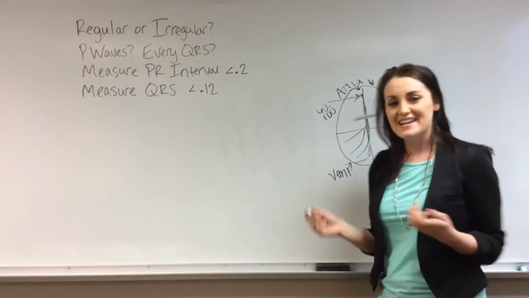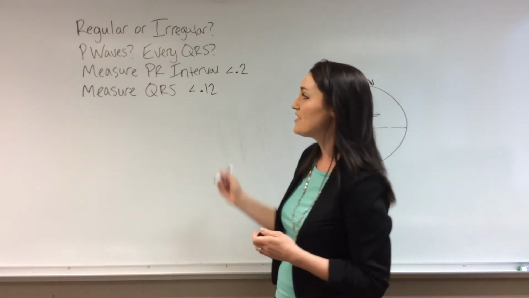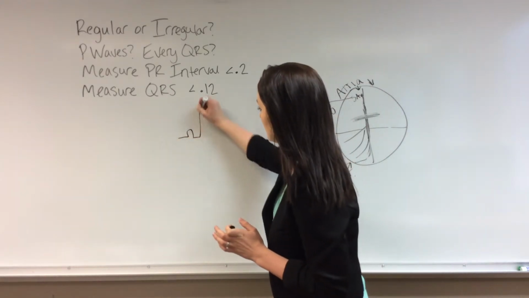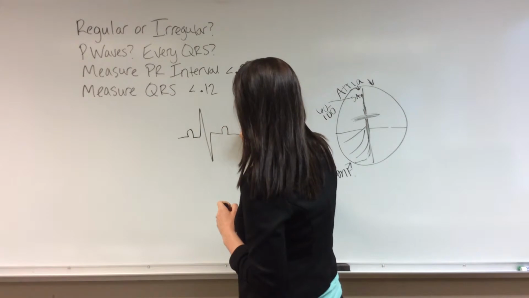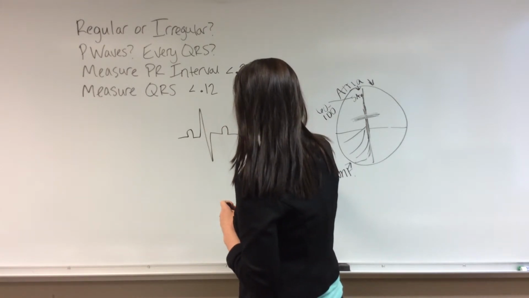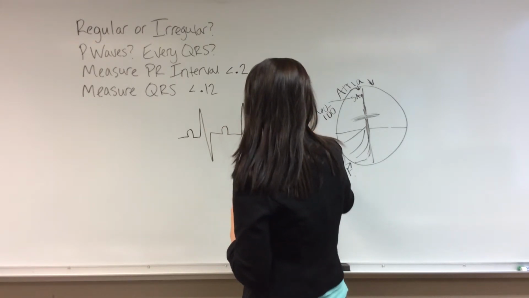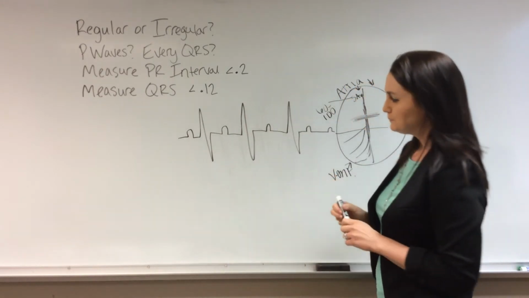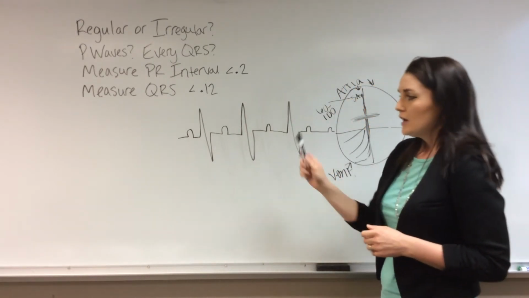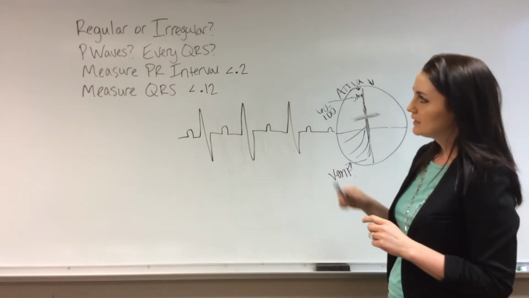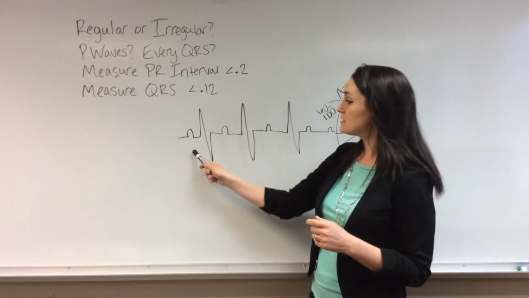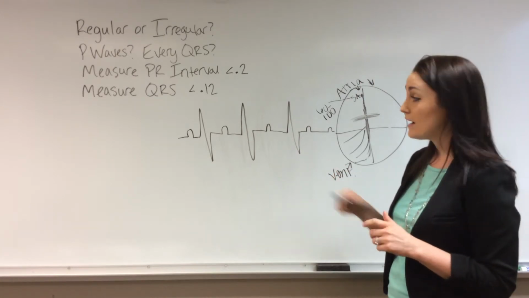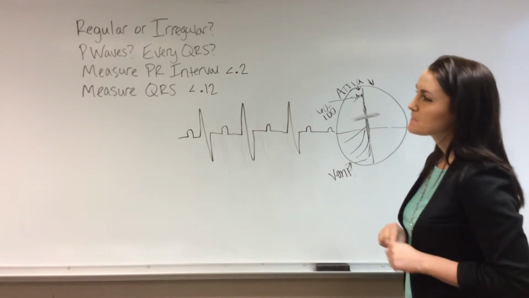All right, so this next one is another degree of AV block. So, as you're going through, looks pretty regular. We have P waves. We have a P wave for every QRS that we have.